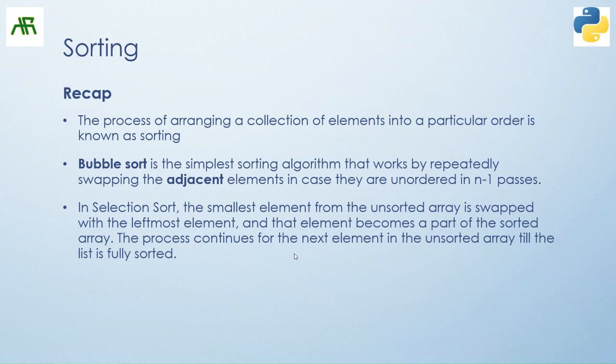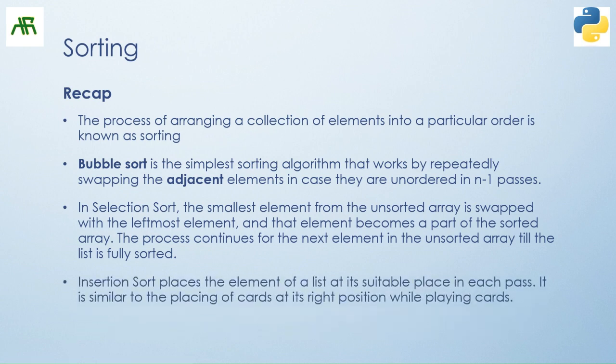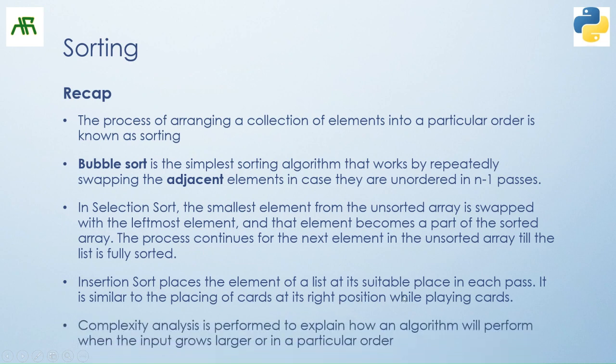The process continues from the next element in the unsorted array till the list is fully sorted. Insertion sort places the element of the list at its suitable place in each pass. It is similar to placing cards at the right position while playing cards. Complexity analysis is performed to explain how an algorithm will perform when input grows larger or is in a particular order.